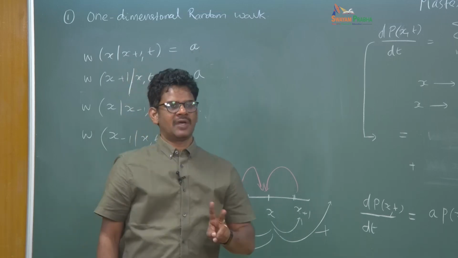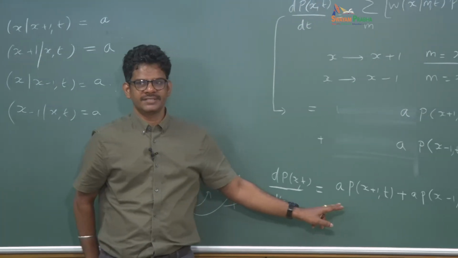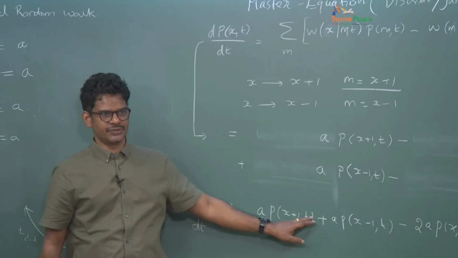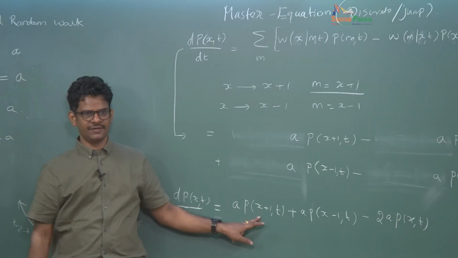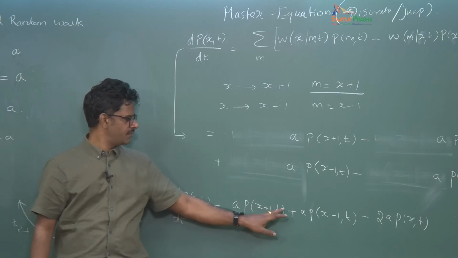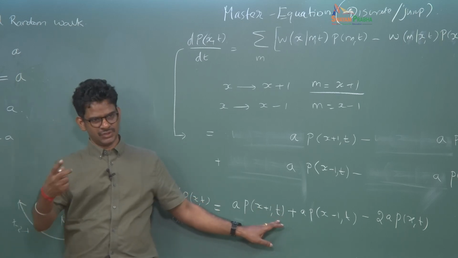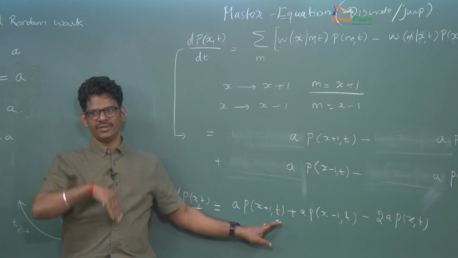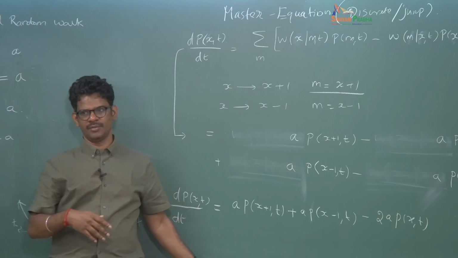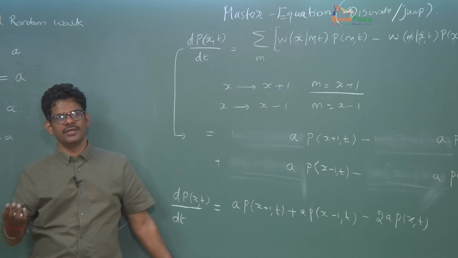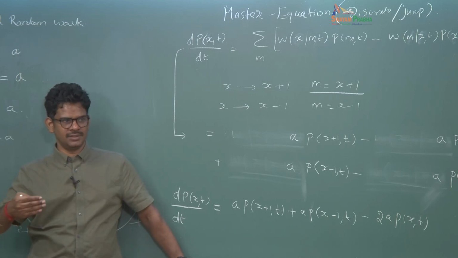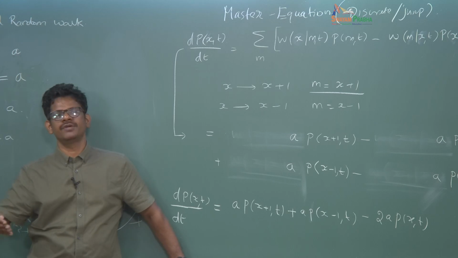In the previous two problems, I discussed how to handle this kind of recursive differential equations. We generally define a generating function, change the variable from x to some other variable s, solve in the s domain, and then you recreate the probability distribution function p of n comma t. Or you don't have to necessarily solve for the probability distribution function p of n comma t.